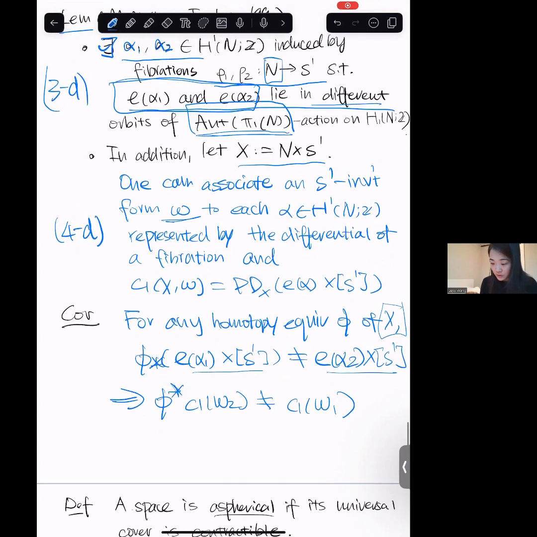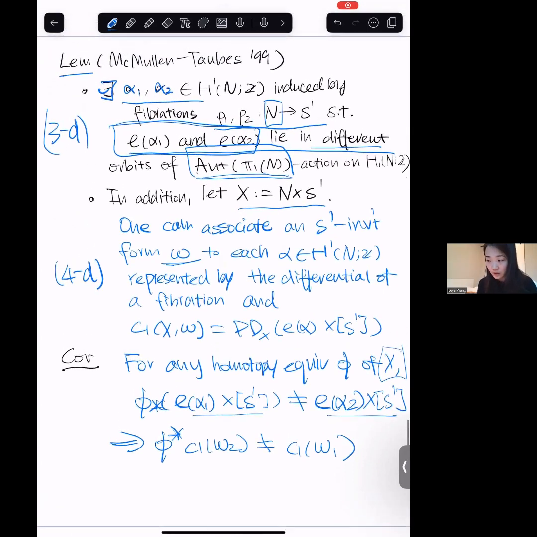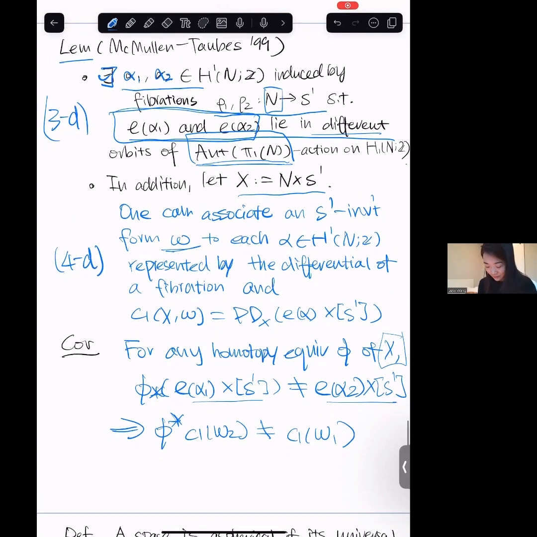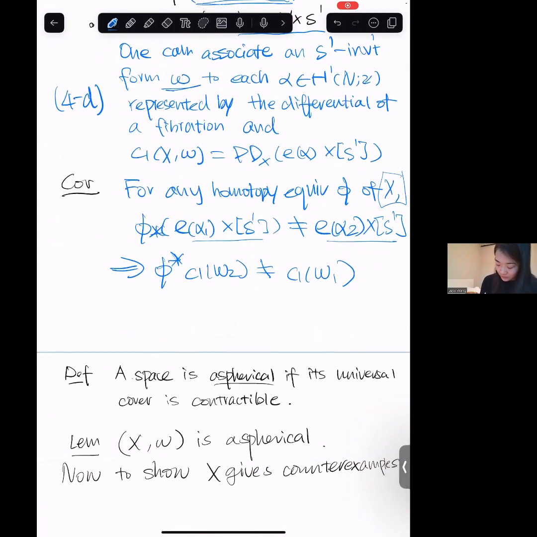So now we're ready to show that McMullen-Taubes' example also gave us counterexamples for the Donaldson conjecture question. The information we used about this X, our 4-manifold N cross S1, is that it's aspherical.